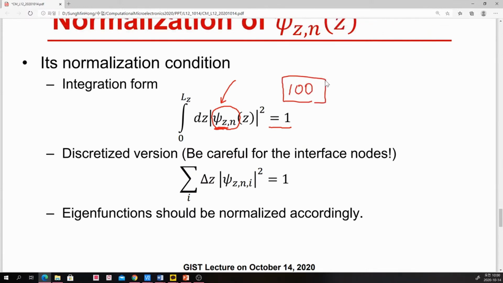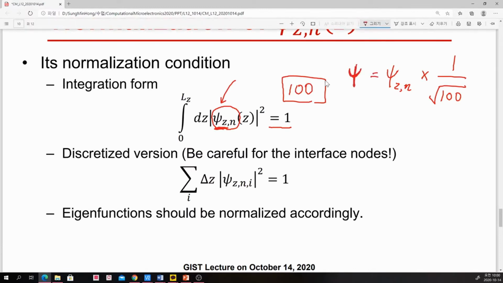Then you have to scale your original numerically calculated wave function by multiplying by 1 over the square root of 100. Then, when you once again evaluate this normalization condition, you will find that eventually you will have the number 1.